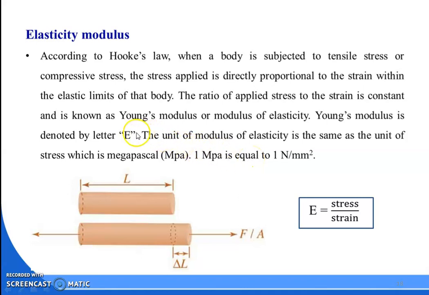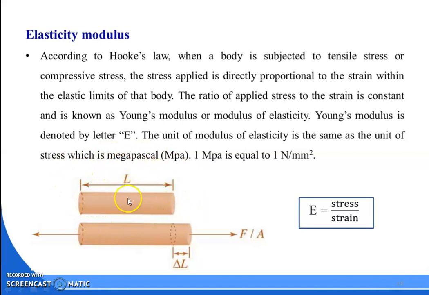In a simple way you can remember the definition: Hooke's law says that within an elastic limit the stress is directly proportional to the strain while the body is subjected to a loading condition. The loading may be tensile or compressive in nature. Here you can see the figure.